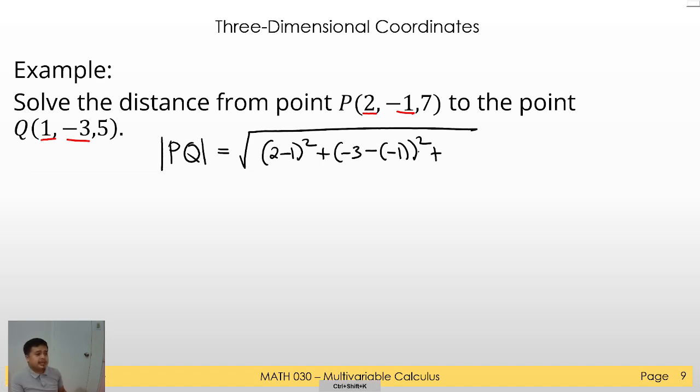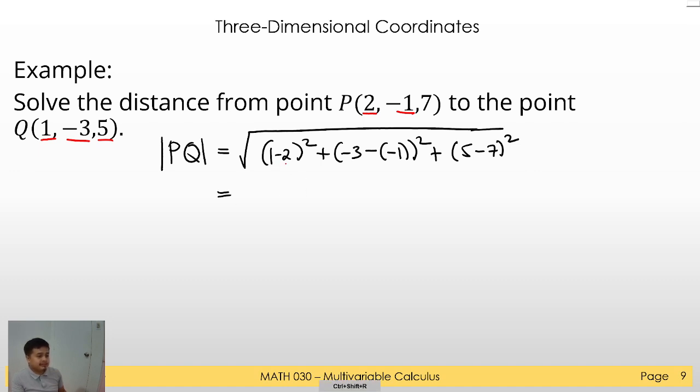And then plus 5 minus 7. Actually, we mashed this up a bit, so the first should be 1 minus 2. But anyway, even if these two are swapped, it will still have the same answer.